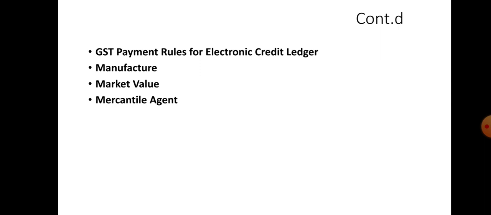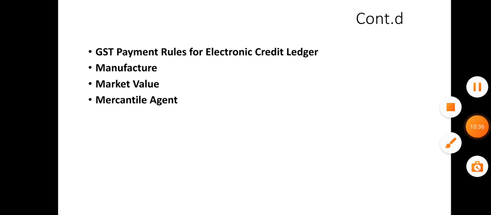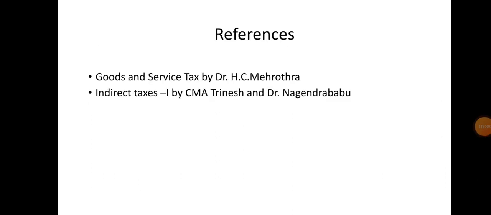So a mercantile agent is an agent who, in his regular course of business, acts with authority either to sell the goods or to consign goods for the purpose of sale, or to buy or to raise money on security of goods. So these are some of the terms defined under the CGST Act.